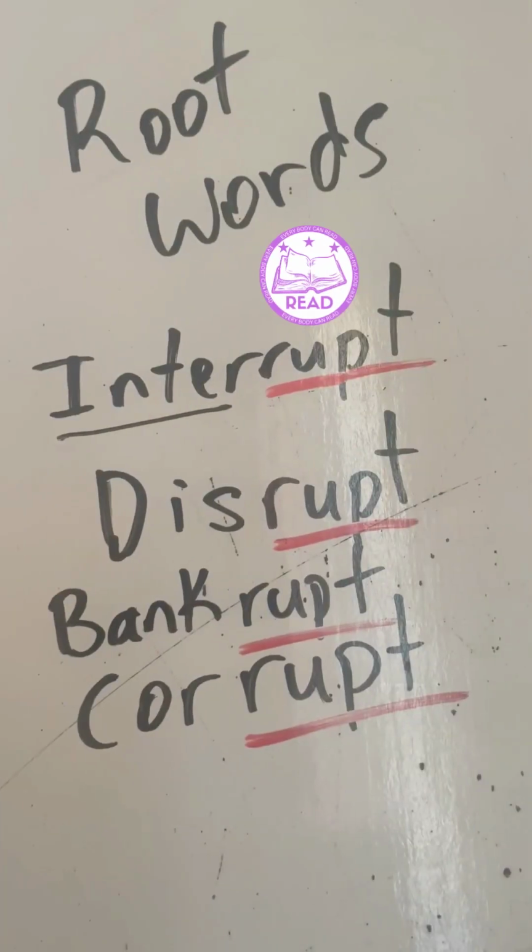Cool? Now, does interrupt give us an idea that something is broken or fractured? It does. Disrupt, you can just disrupt my chain of thought. Now you just break my chain of thought. So, bankrupt also speaks to the same thing because the root word keeps coming back over and over again.